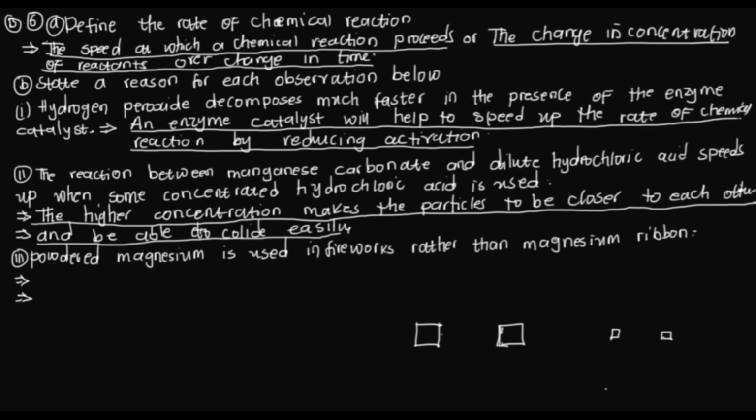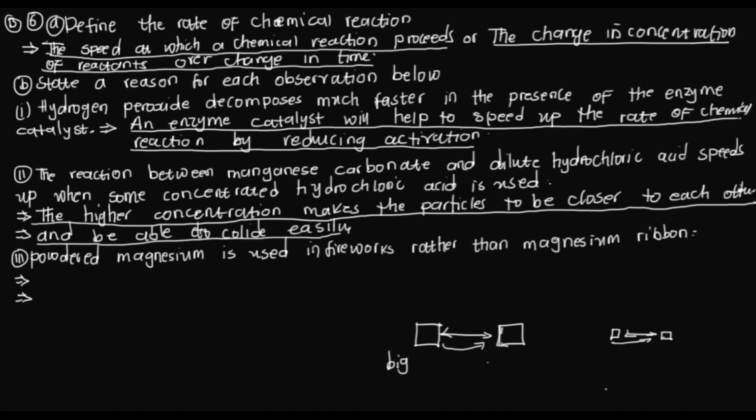For these particles to react, they have to collide, and also for these to react, they have to collide. Where we have big particles, it is not easy for a big particle to move toward the other particle, but for a small particle, it is very easy to move and bump into this because it is lighter.